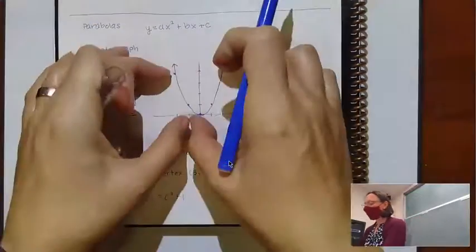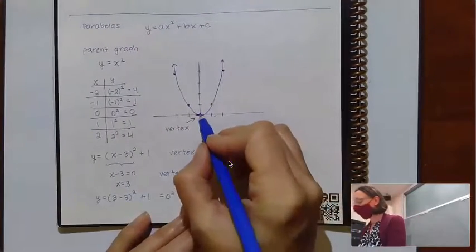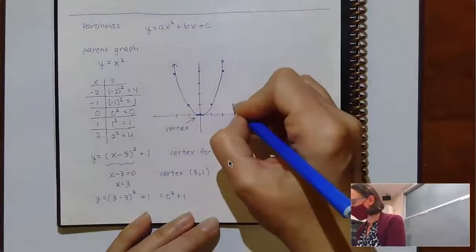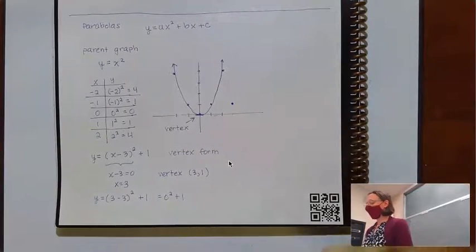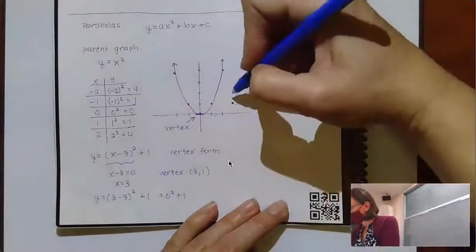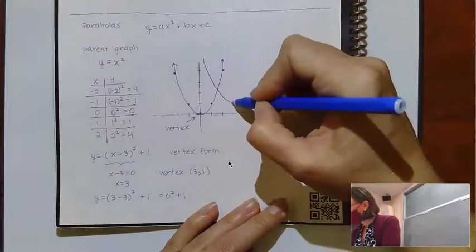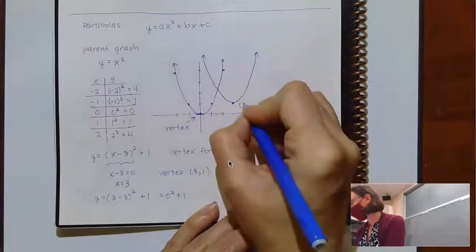So I would pick up this whole graph, but shift it 3 to the right. So I'm shifting where the vertex is, 1, 2, 3 to the right and up 1. So I would basically be repeating exactly that same graph, but it would be shifted over here.